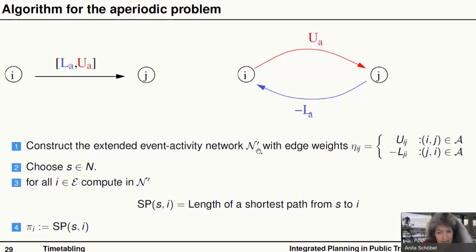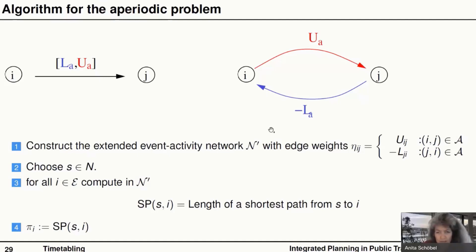And N prime has exactly the same nodes. So all the nodes stay as they are, but we split every activity into two. So we have this activity here, and that is split into two activities, one red belonging to the upper bound and one blue belonging to the lower bound.